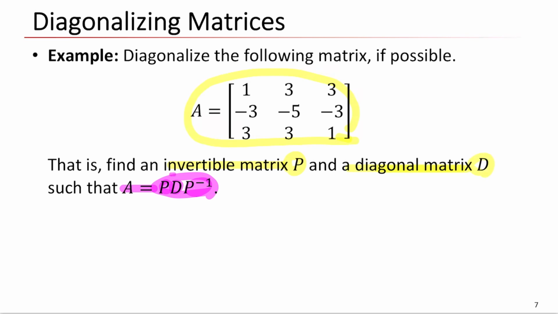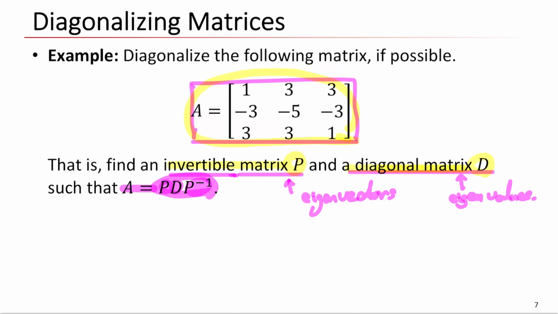We already know the columns of this invertible matrix P are eigenvectors, and the diagonal entries of the diagonal matrix D are the eigenvalues. It means that we have to find the eigenvectors and eigenvalues for this matrix A. So let's do that.